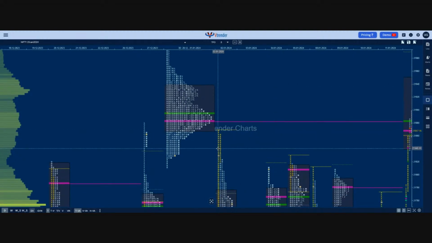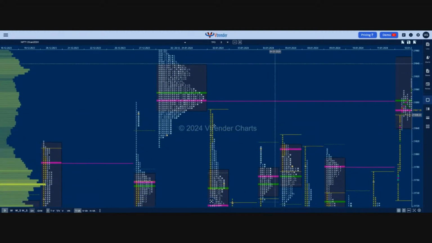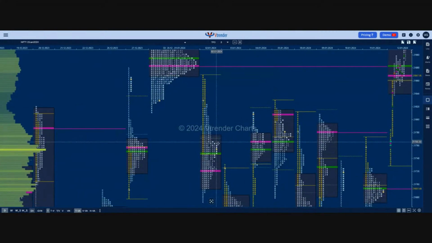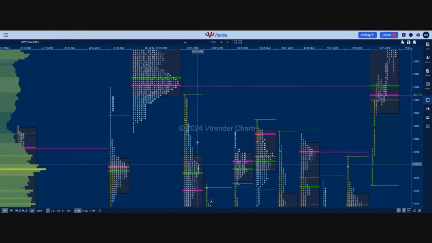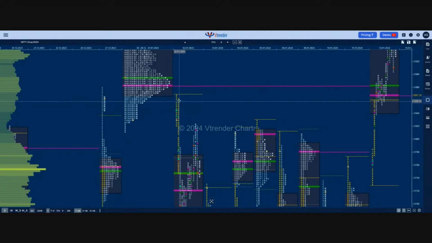So now we knew on the second that we are probing lower. And how do we know that we are probing lower? One is we are trading below previous value, and then we have got one small initiative selling tail. Initiative is a tail which is formed in the initial balance, the first 1 hour of trade.